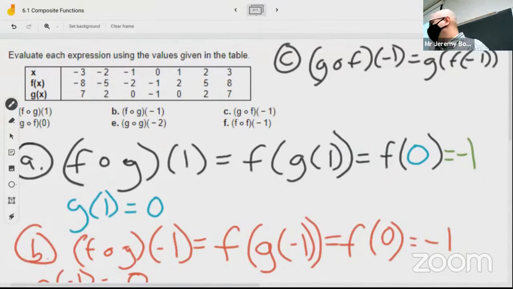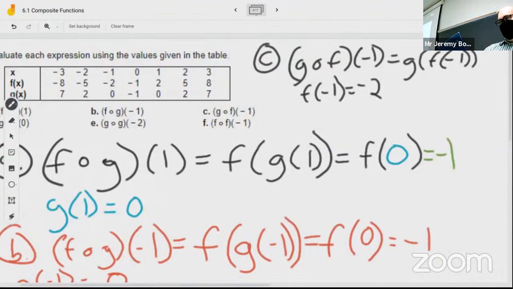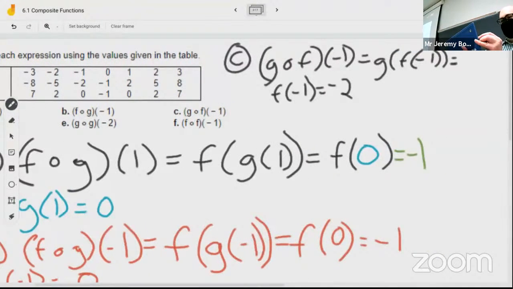There we go. So what are we going to do first? We're going to find F of -1, always the inner function first. So that's going to be -1 into F, which results in -2. So now we're going to do what? G of -2.